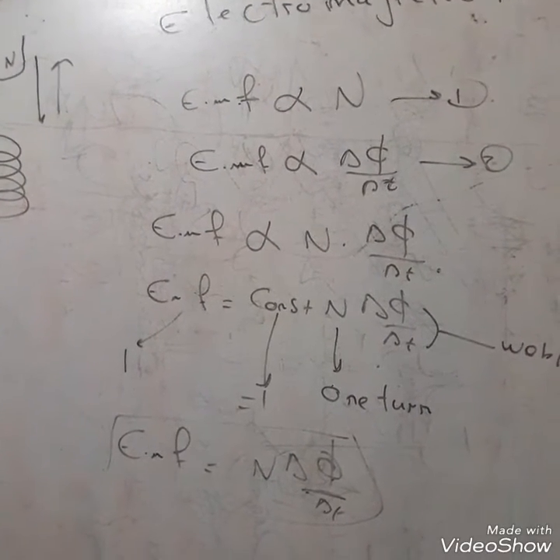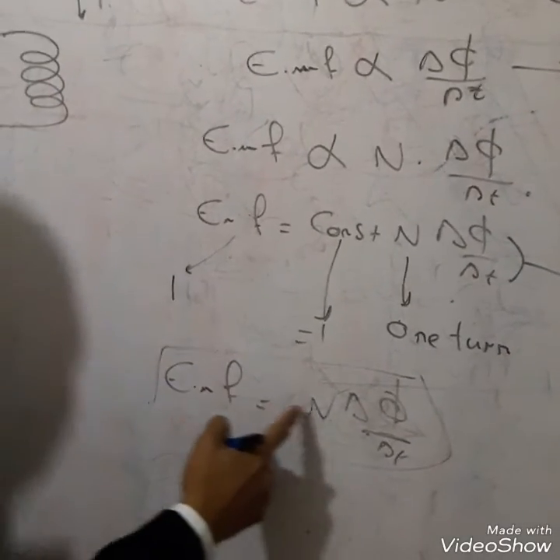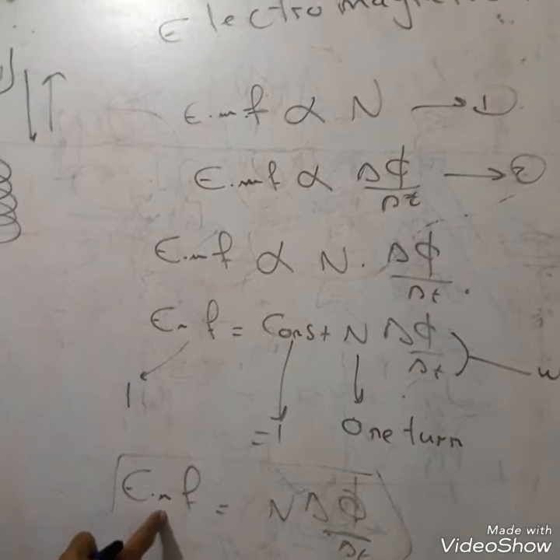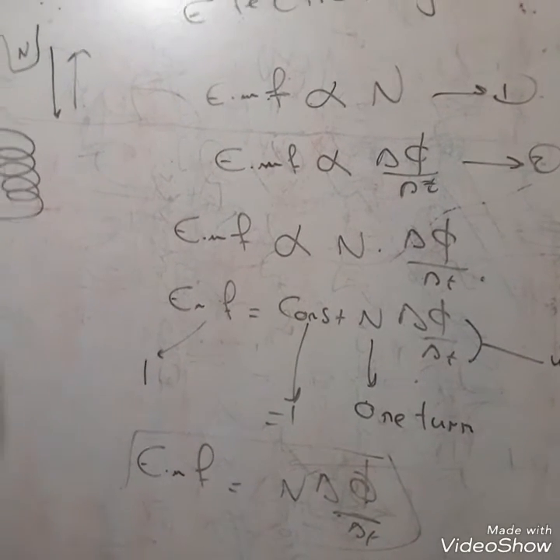First, electromotive force is directly proportional to the rate of change of magnetic flux. Second, electromotive force is directly proportional to the number of turns. Okay?